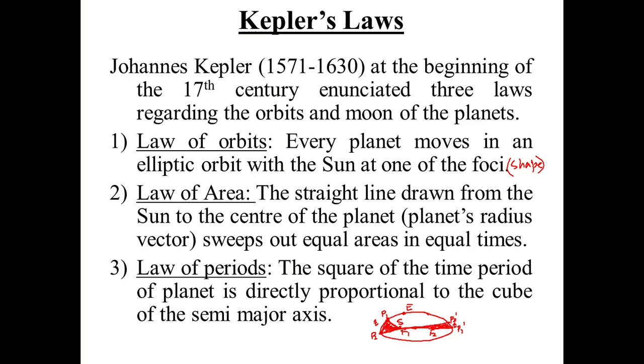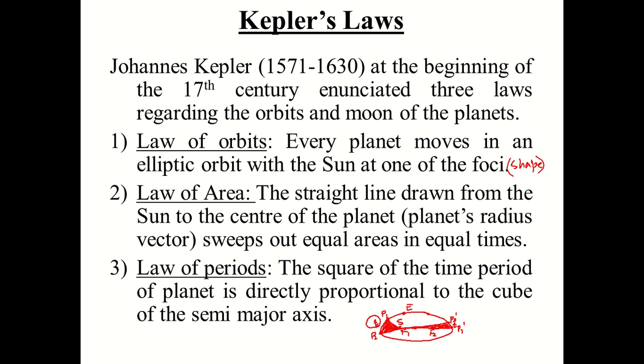So here the area P1SP2 is the area swept out by the radius vector during a time t when the planet is at this position, and this, SP2 prime P1 prime, is the area swept out by the planet in the same time t. Then these two areas are equal.